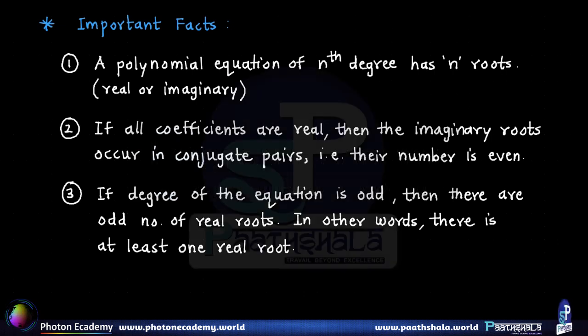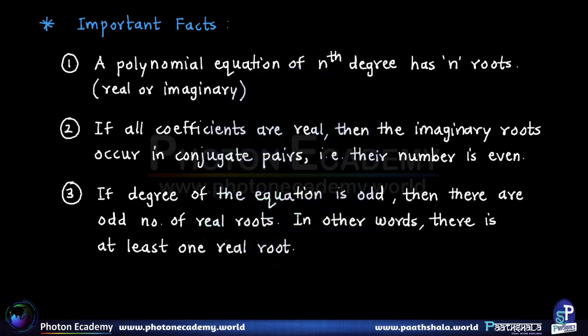The second one is, if all the coefficients of the polynomial equation are real, then the imaginary roots will always occur in conjugate pairs, that is the number of imaginary roots will always be even. And the third property is saying that if the degree of the equation, that is n, is odd, then there are an odd number of real roots.